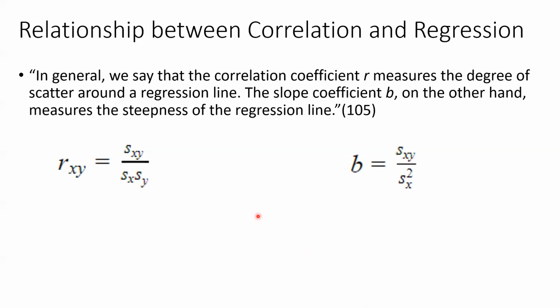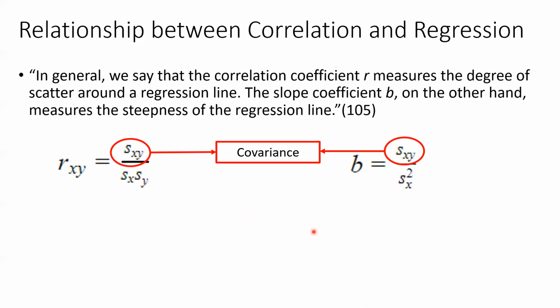Your regression coefficient is the covariance of X and Y over the standard deviation of X squared. This is a bivariate example where you only have one independent variable predicting a dependent variable. But look at what's similar between these two. What's important is that R and B have the same numerator, so the covariance is the same.